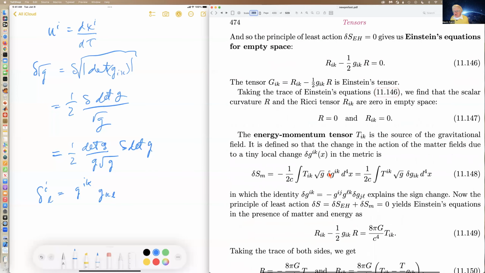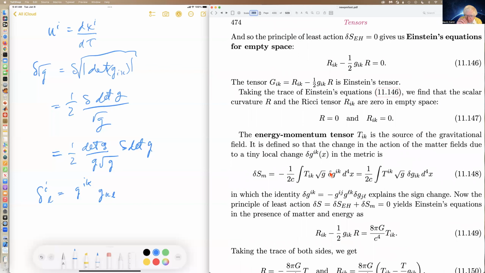Well, it turns out that the energy momentum tensor is always defined, and when I say always, I'm excluding the possibility of new physics that might take an exception to this equation.